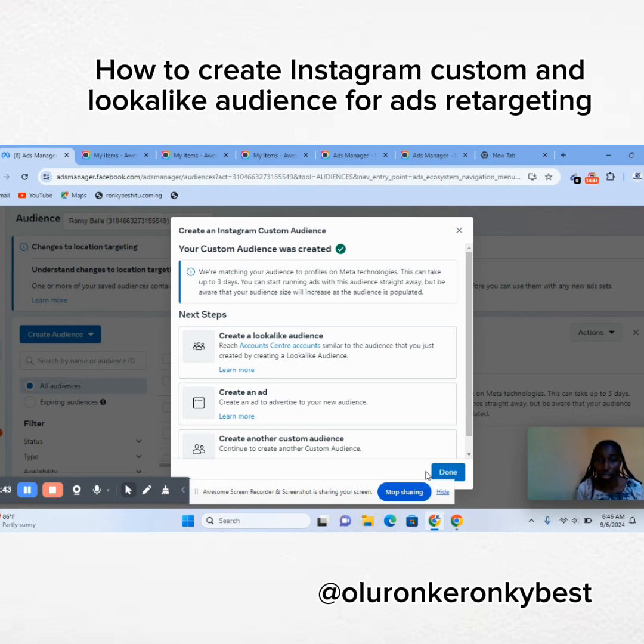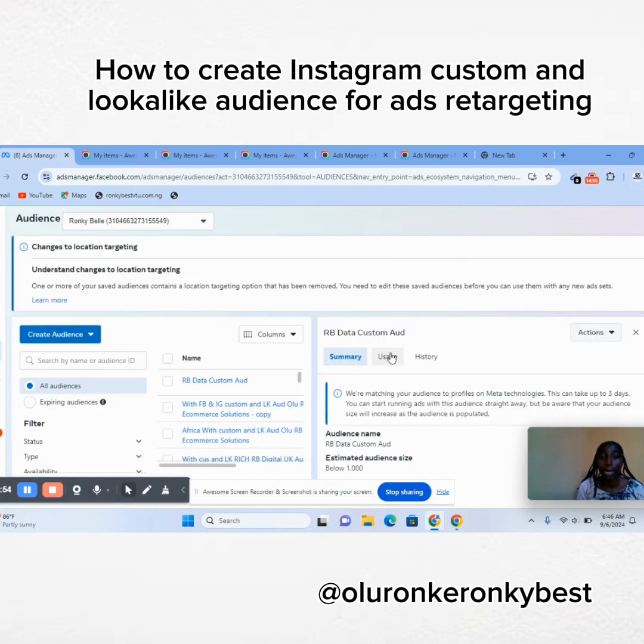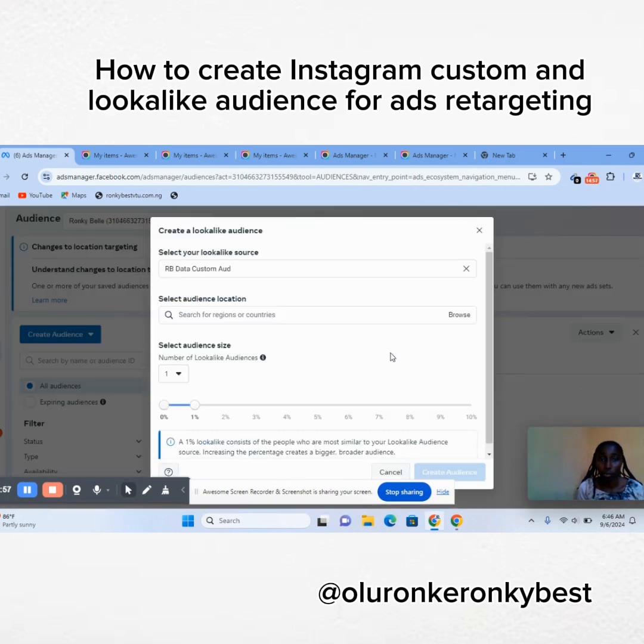But we are not done because as you are finished creating the custom audience, we want to create the lookalike audience as well. So just click on the lookalike audience. I'm on the process of creating the lookalike audience now. Because I'm creating it almost immediately, it has automatically chosen the custom audience that I have created before.